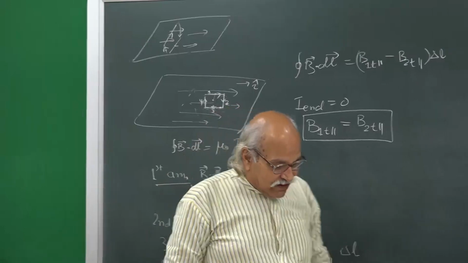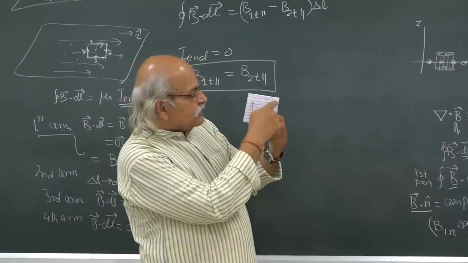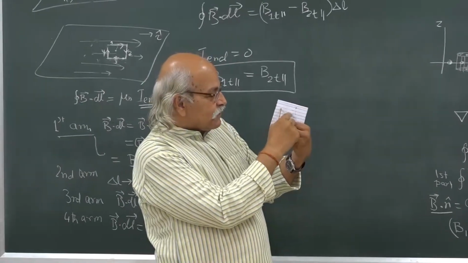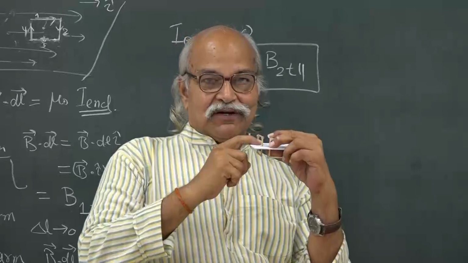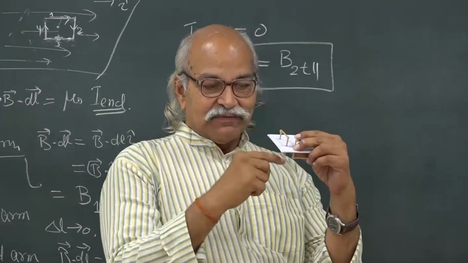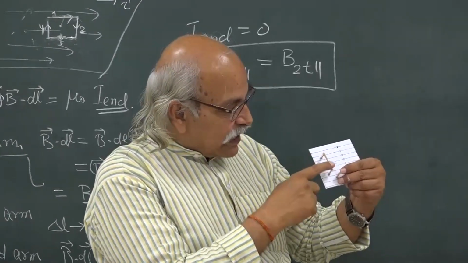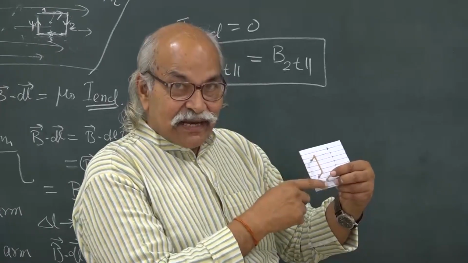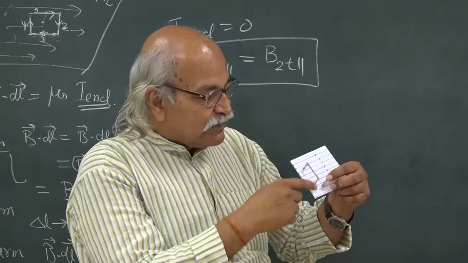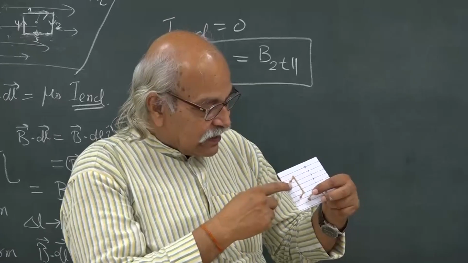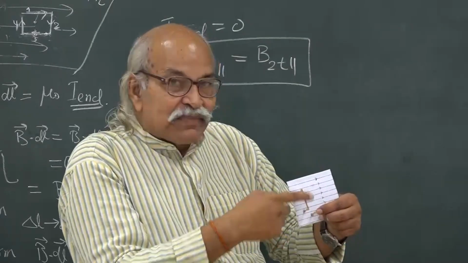Okay, so I do have this model for that also. See, the current is going this way, this is the surface. Now, this line above the surface will be horizontal, like this. So, we will say this above and this below. This line is parallel to the surface, this line is perpendicular to the surface, this is parallel to the surface, but the current is along these lines, and this line is perpendicular to that.